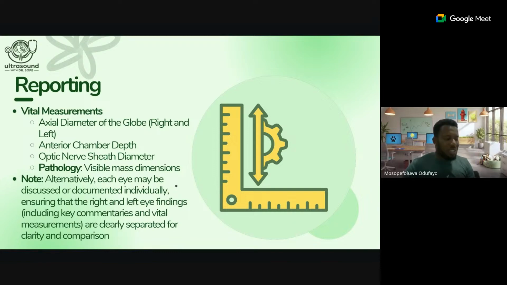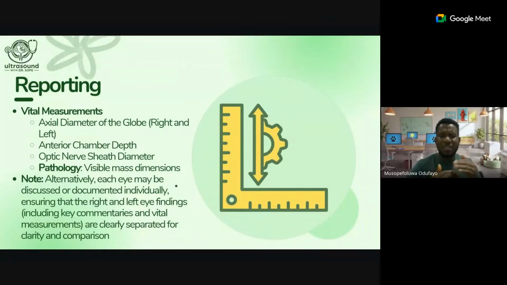So note this. Alternatively, each eye may be documented individually, ensuring that the right and the left eye findings, including key commentaries and vital measurements, are clearly separated for clarity and comparison. Or you can choose to talk about them together.